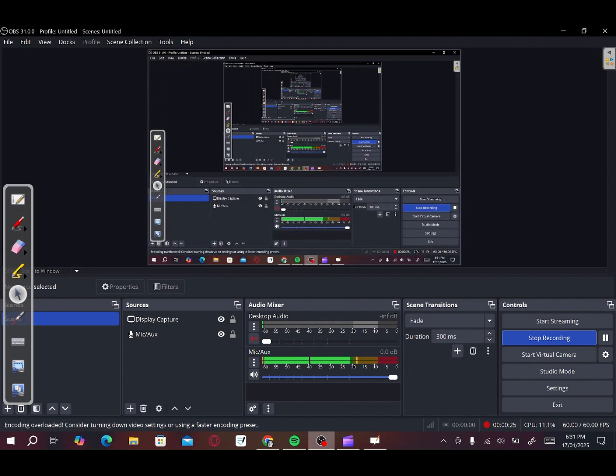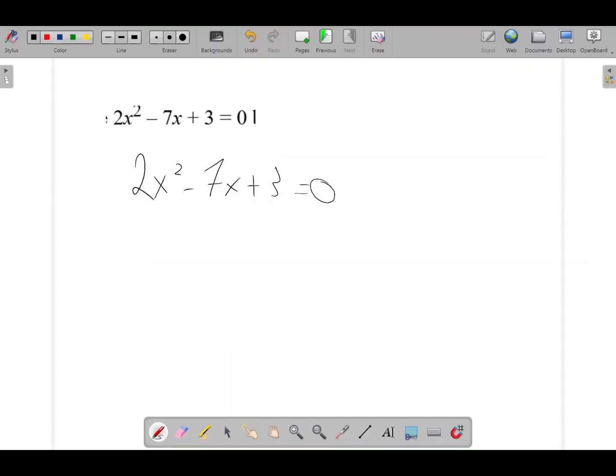Okay, this I'm going to ignore. Inshallah, it fixes itself. 2x squared minus 7 over 2. Let me fix that. That's too big. Minus 7 over 2x plus 3 equals 0, which is doing what I did last time.